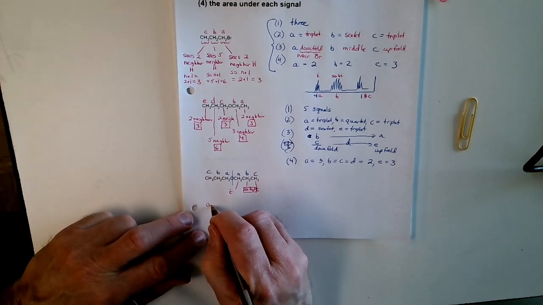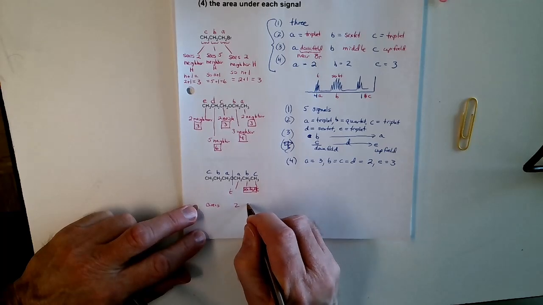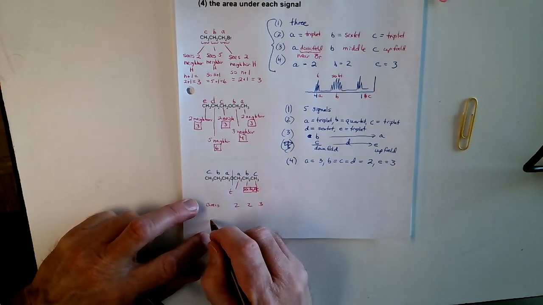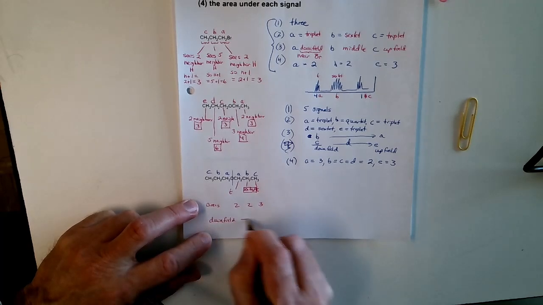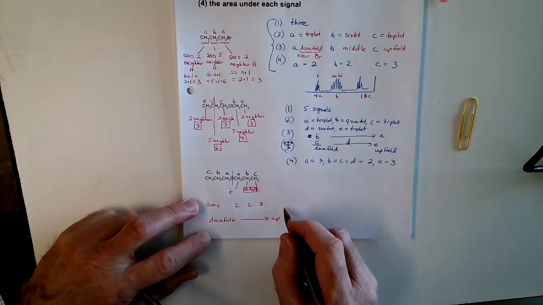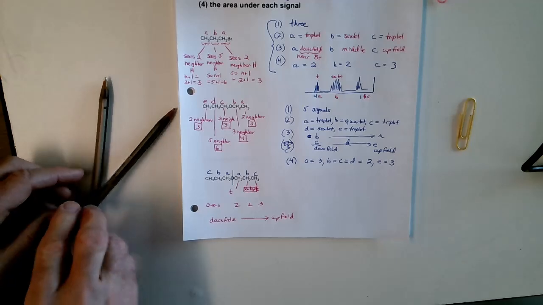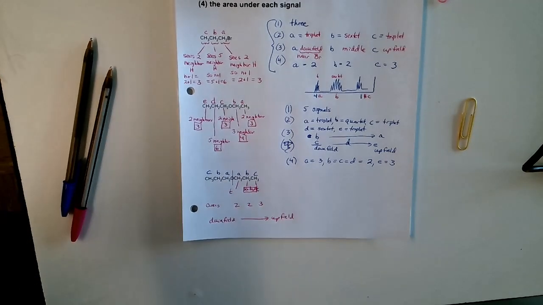Areas would be 2 to 2 to 3. Downfield, cleanly ranging up to the right as upfield, would go in that direction. Okay, that's starting to abbreviate it more, hopefully, as you kind of get into the groove.